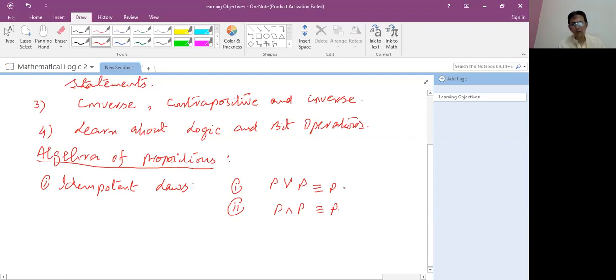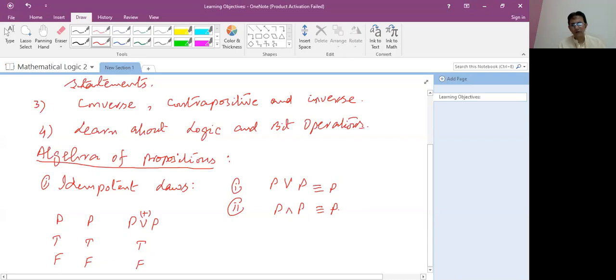With the help of a table, we will prove it easily. When we consider P, it may be true or it may be false. And if we consider another P, it may be true or it may be false. But when we apply the condition P or P, the or represents the addition operation. So 1 plus 1 is 1 and 0 plus 0 is 0.